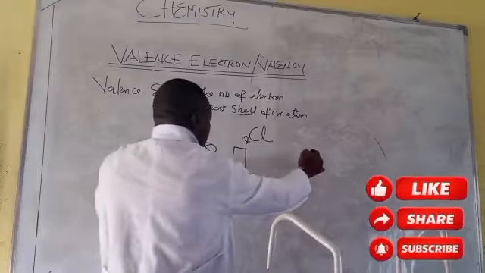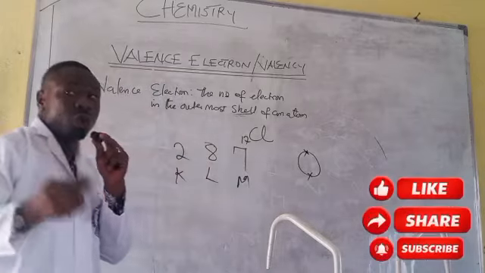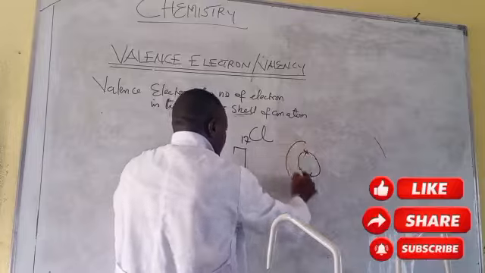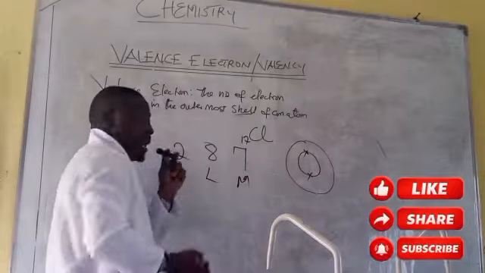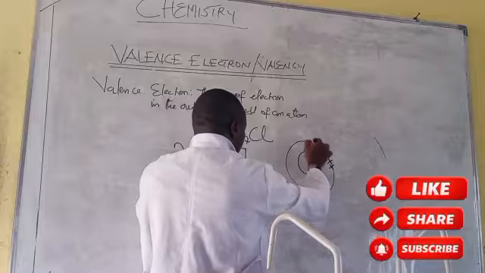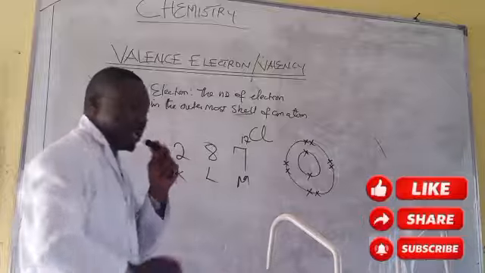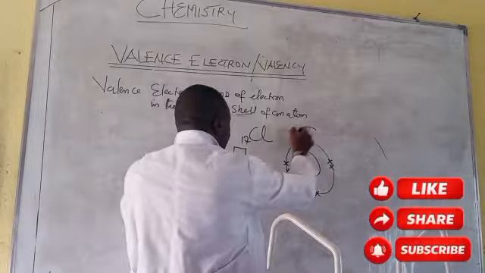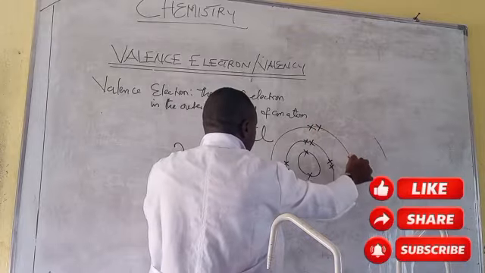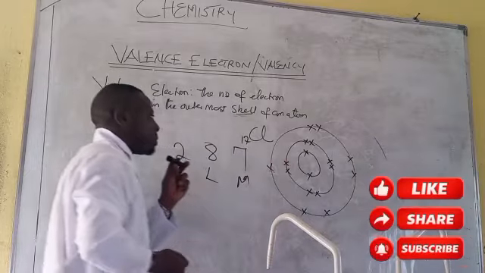The K shell accommodates 2 electrons. The L shell accommodates 8 electrons: 1, 2, 3, 4, 5, 6, 7, 8. And the last one accommodates 7 electrons: 1, 2, 3, 4, 5, 6, 7.